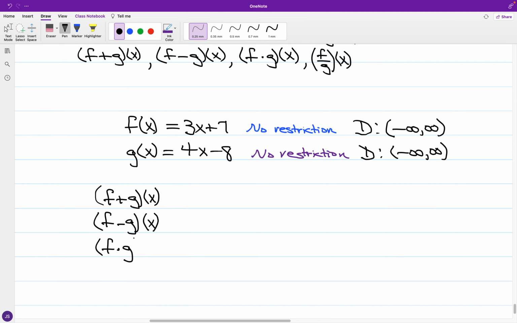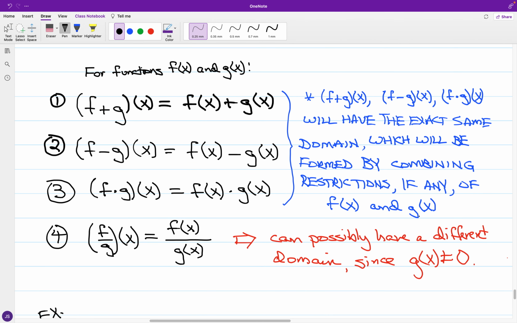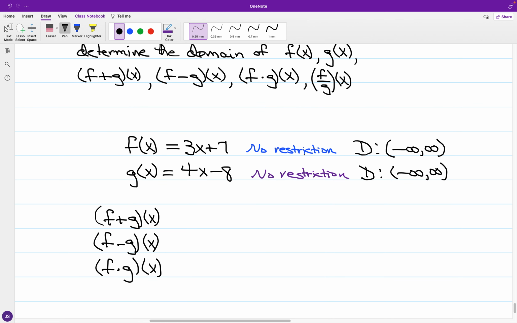Now for the sum, difference, and product functions. The sum, difference, and product functions will have the same domain, and this can be formed by combining the restrictions, if any, of f of x and g of x. Well, guess what? f of x doesn't have any restrictions, nor does g of x.